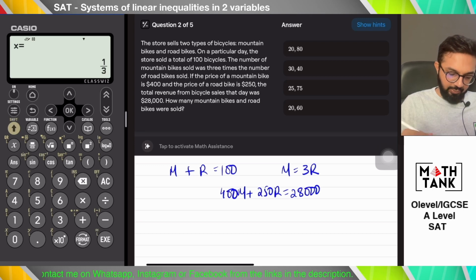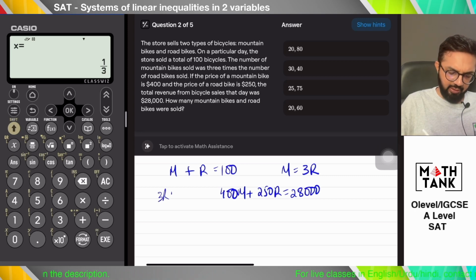Okay, so why do I have three equations? On a particular day, the number of mountain bikes sold was three times the number of road bikes. It's $400 and the price of 250, the total revenue from. Okay, let's try solving this.